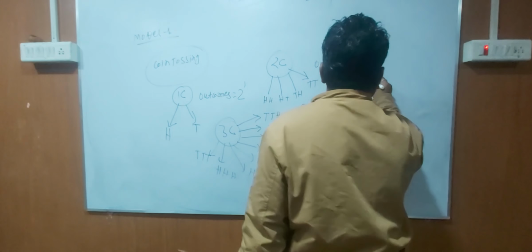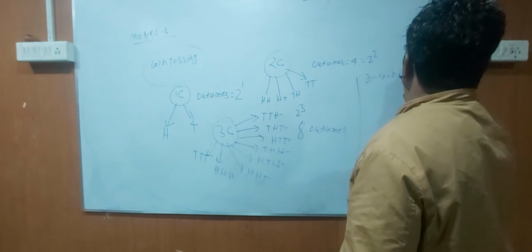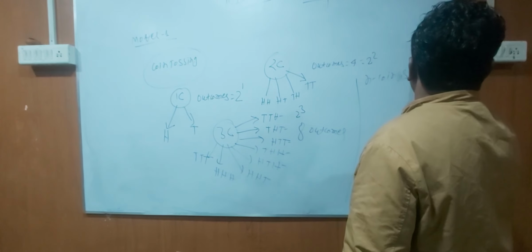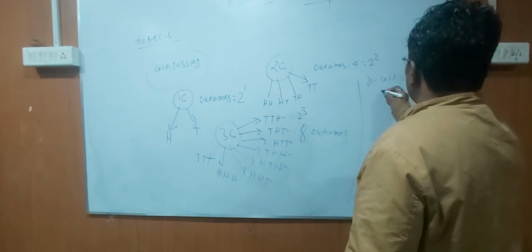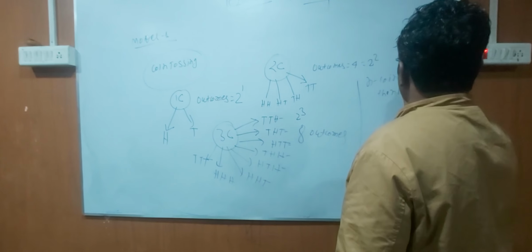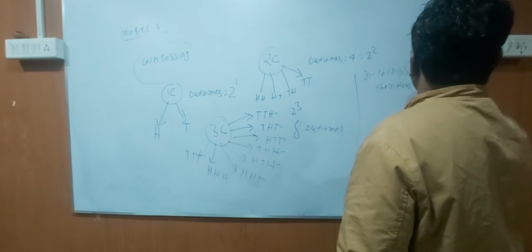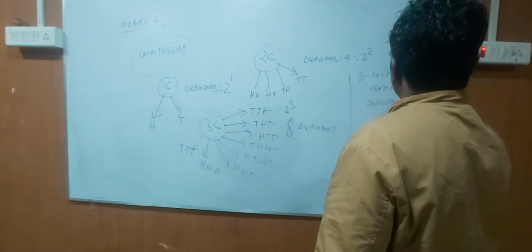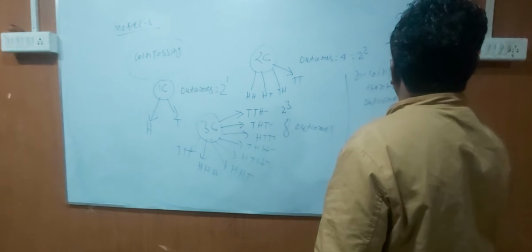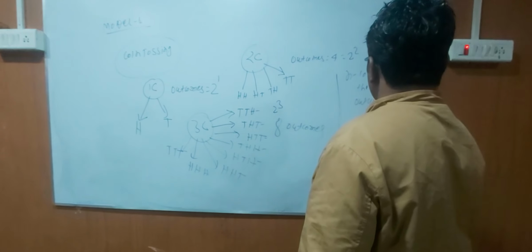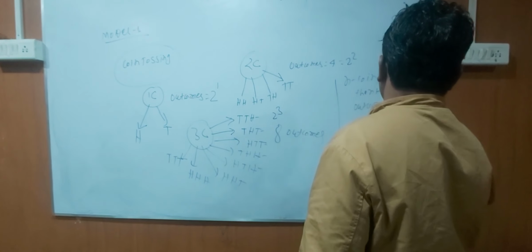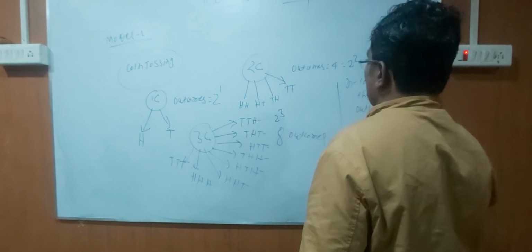Means if n coins are tossed, then how many outcomes are possible? 2 to the power n outcomes. For 8 coins, 2 to the power 8 outcomes. Okay.